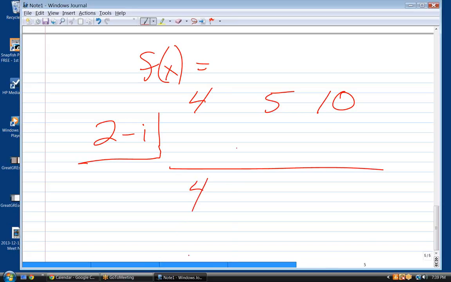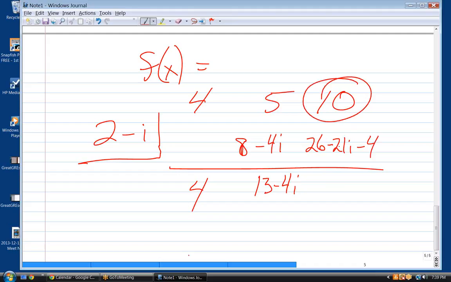Now multiply that, so we get 8 minus 4i. Add those two together, you get 13 minus 4i. Multiply those two together, and you get 26 minus 13i minus another 8i is minus 21i plus 4i squared, which is minus 4.